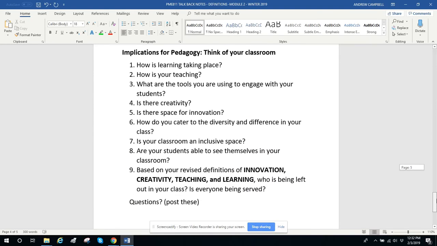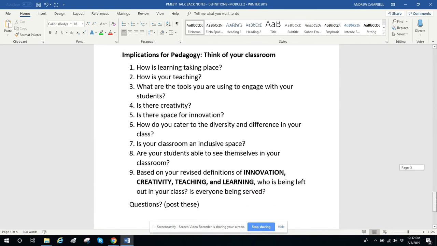And then I'm going to close off with this one, and I would love to hear from you. Please, implications for pedagogy. Think of your classroom. As we think of these four words today: innovation, creativity, teaching, and learning. Think about your classroom. How is learning taking place? How is teaching?